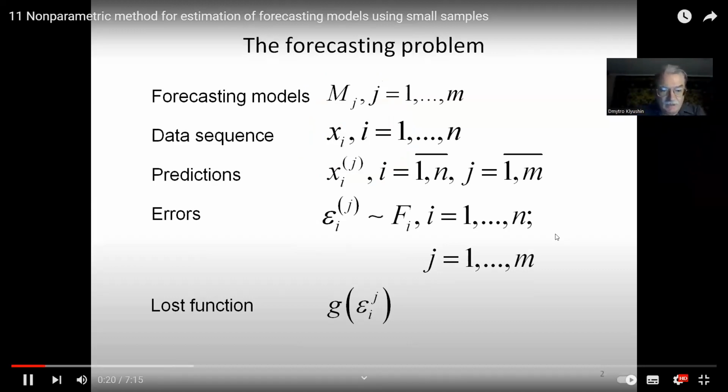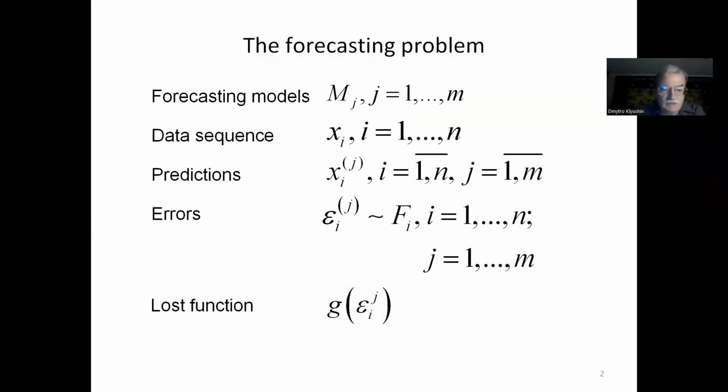Let Mj, where j varies from 1 to m, be forecasting models producing predictions xij of data sequence xi, where i varies from 1 to n, and epsilon ij are the errors, where i varies from 1 to n and j from 1 to m. The errors of the models Mj obey distribution function Fj. Consider a loss function dependent on the error epsilon ij describing model accuracy, for example, standard deviation.